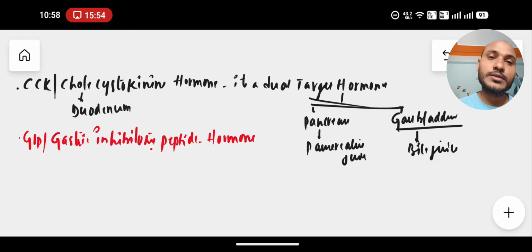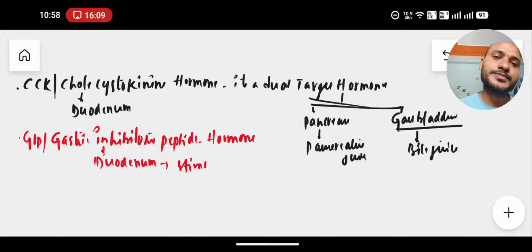The source is the same, the duodenum. From the duodenum, the GIP hormone stimulates the gastric gland. The target organ is the gastric gland in the stomach.